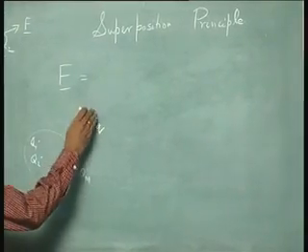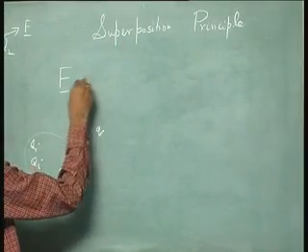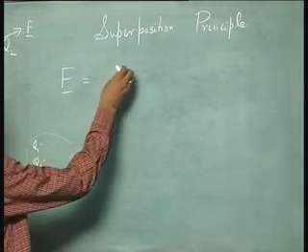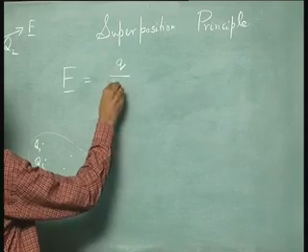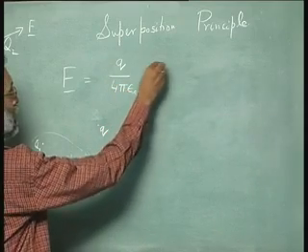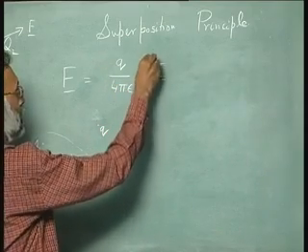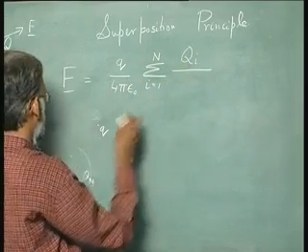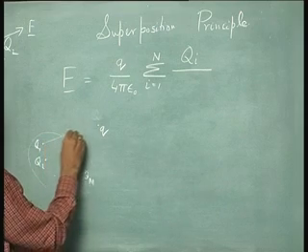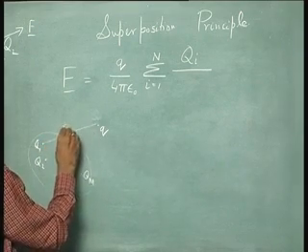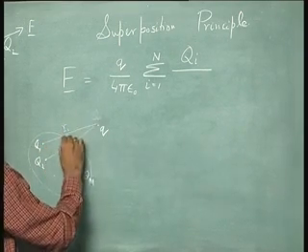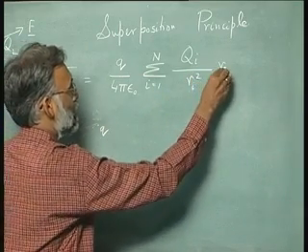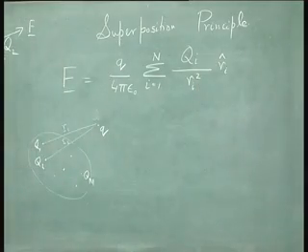Then I said superposition told us that the force on this charge small q was equal to small q over 4 pi epsilon naught sum i equals 1 to capital N q sub i divided by this distance, which I called Ri.